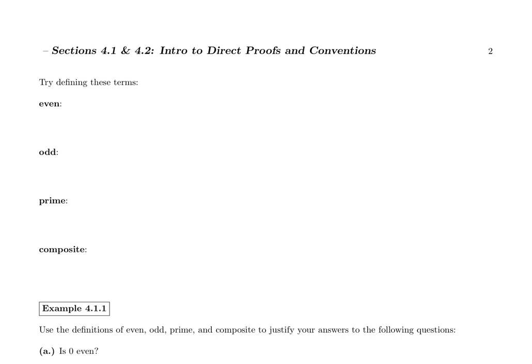What if we say that an integer n is even if and only if n is equal to 2 times some integer?